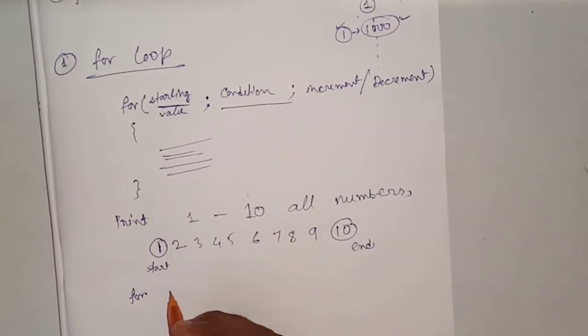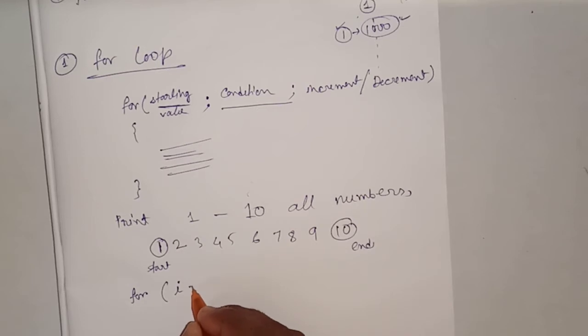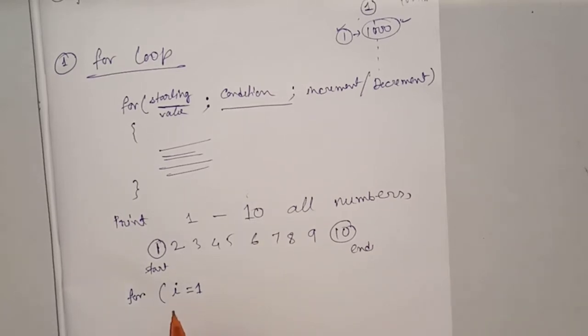So in the for loop, you take a variable. I'm taking i over here. i is equal to 1. If you're using i is equal to 1, you need to define the type of this variable i, either int, float, double, char, whatever it is.